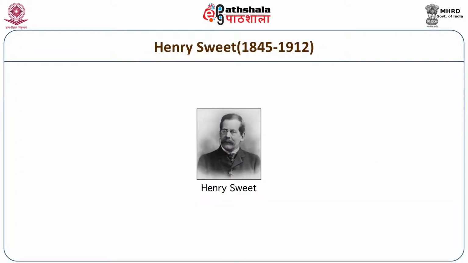One such approach is that of Henry Sweet, who lived between 1845 and 1912. Okay. Sweet's aim was to find grammatical units that could be objectively observed, that were not based on ad hoc criteria, notional criteria in particular, developed by individual grammarians, but that which could be objectively measured, verified, observed, quantified.